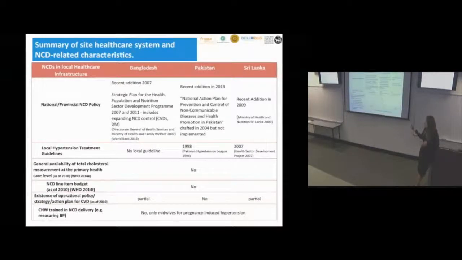So now that these countries have put it on their agendas, they know they're keen, they want to do something, right? There was a UN high-level meeting in 2011 where the WHO member states agreed to a target setting: they have to decrease NCD mortality by 25% by the year 2025. They have to reduce the prevalence of hypertension by at least 10%.